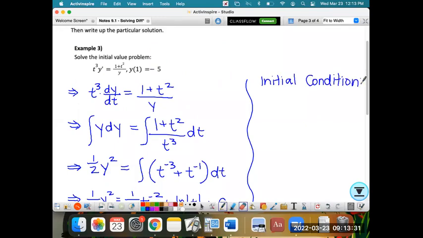So our initial condition is y of 1 equals -5. So keep in mind here, 1 gets plugged into the expression, -5 is the output. So -5, and then I'll write the general solution down.